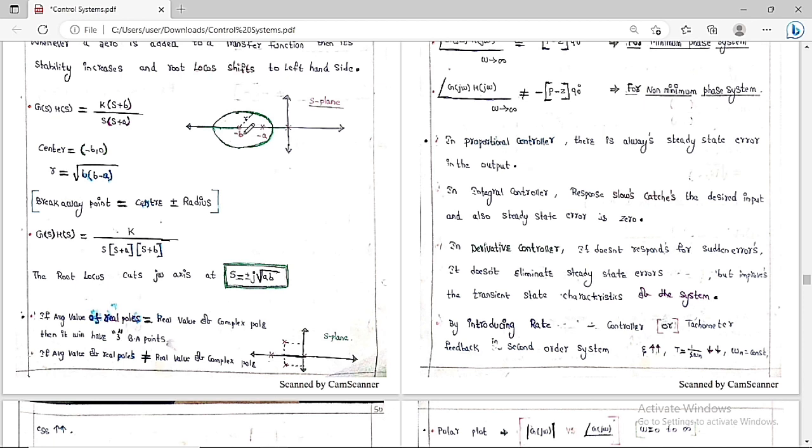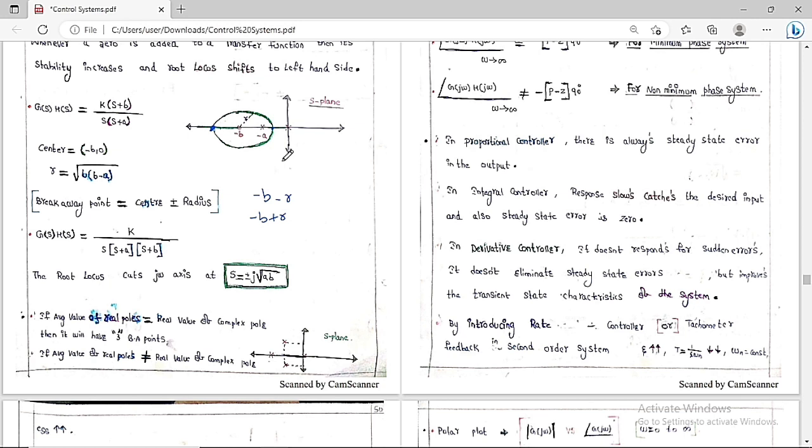The center is minus b, so minus b minus radius gives you this point, and minus b plus r gives you this point. So this is what I am trying to tell you. Minus b minus r means we get this point, minus b plus r means we get this point. So these are the breakaway points for this one.